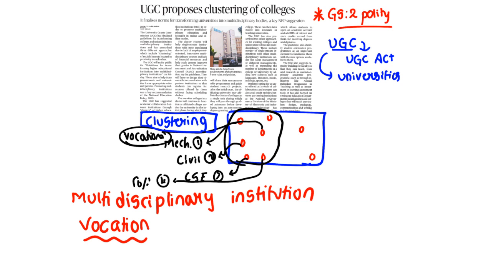Why? Because government is coming with something, the policy, that is guidelines for transforming higher educations into multidisciplinary institutions. It aims the state governments and universities to frame appropriate rules and policies. It just wants to promote the multidisciplinary institution as it is recommended under the new education policy.